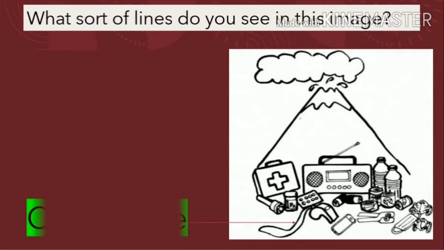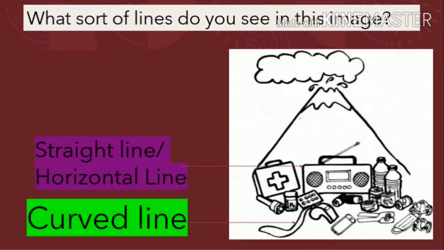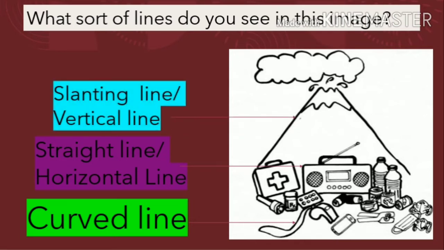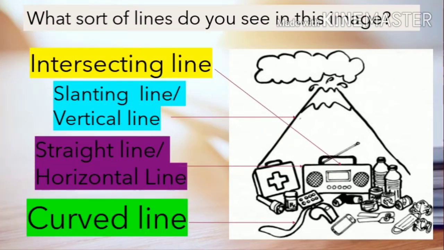We have here curved line, straight line or horizontal line, slanting line or vertical line, and this one is intersecting line. So this image was drawn using these different sorts of lines you can see in this image.